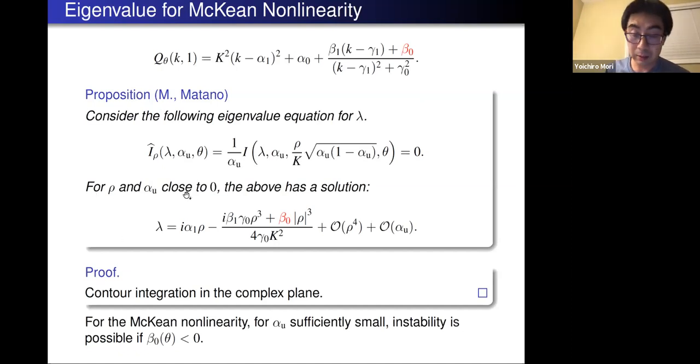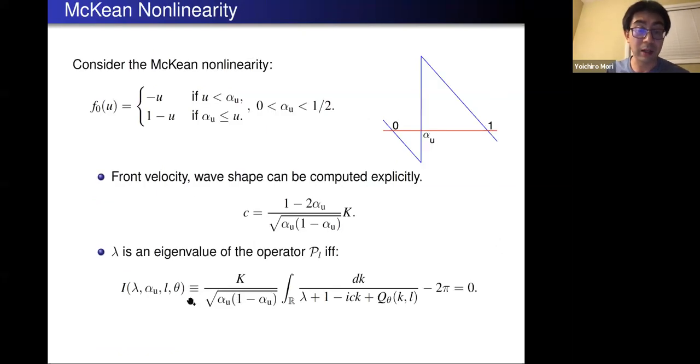First of all, we can derive an equation that is satisfied by the eigenvalues of the operator PL. PL was the operator governing the growth of the L wavelength perturbation.